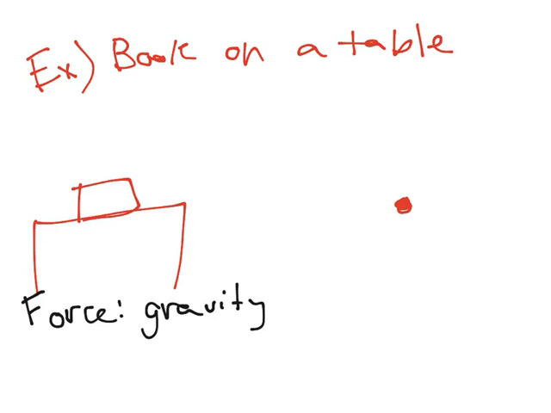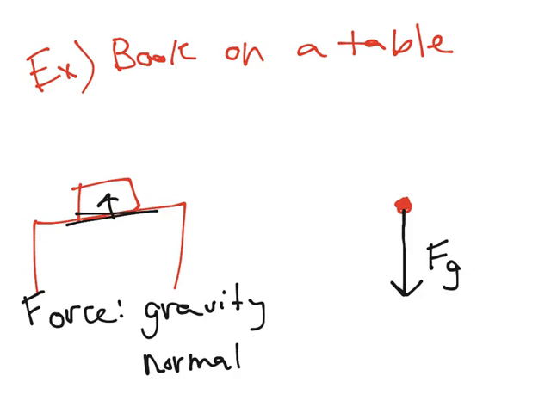And it's not falling. Remember that our surface force that's perpendicular is called our normal force. So that is also acting on it, so it's not falling. To represent this, we need two arrows. One for gravity, so you label it F, and g for our gravity.